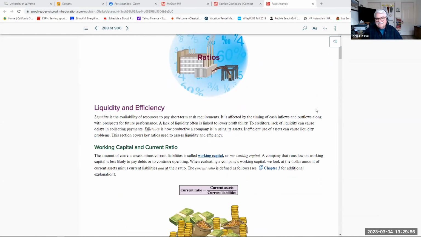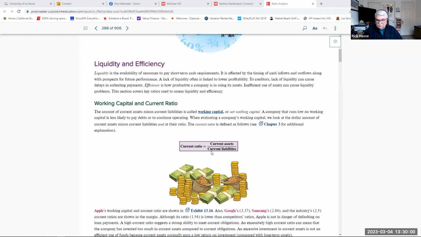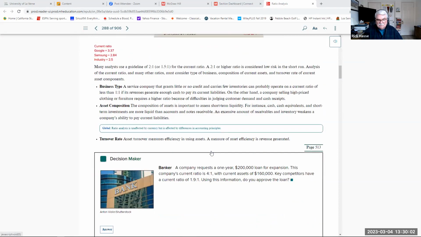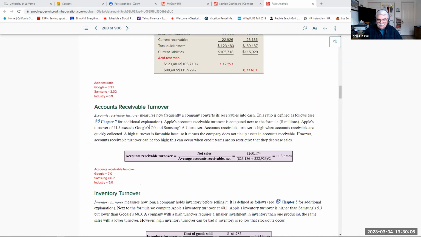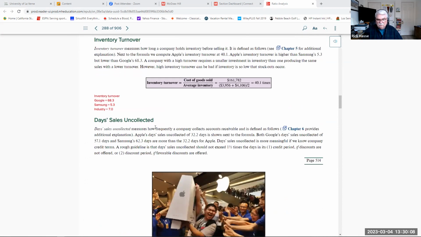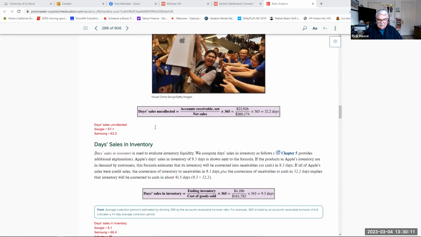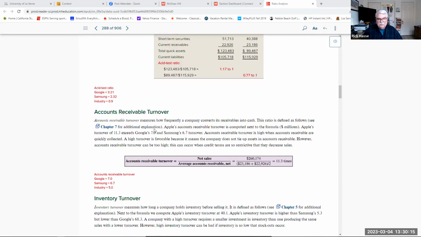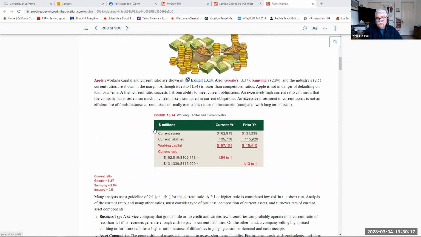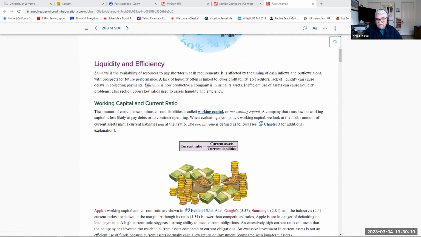Remember, only select one from each section: working capital and current ratio, acid test ratio, accounts receivable turnover, inventory turnover, days sales collected. Again, numerous examples of liquidity and efficiency. To be perfectly honest with you, most students in the past took the current ratio.